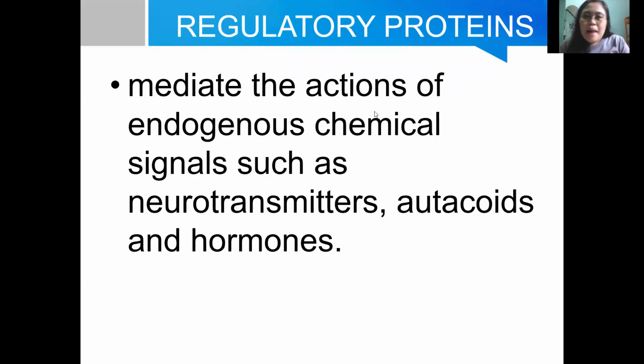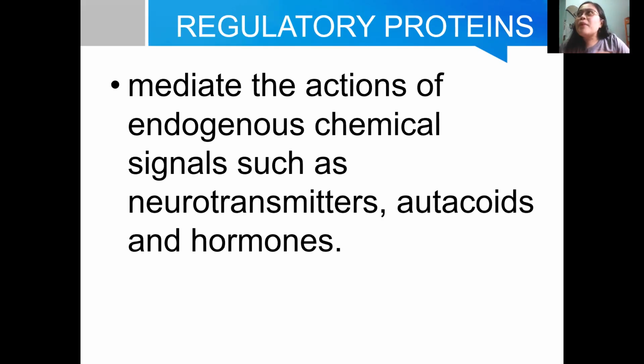Now, most of our receptors are regulatory proteins. So they are proteins, their nature, their composition is that of a protein, but they have regulatory functions in the body. Once the drug binds to these proteins, there will be endogenous or physiological responses in the body. Okay?